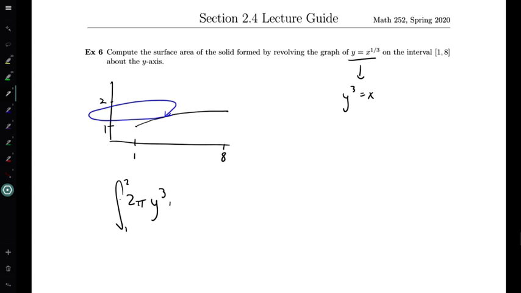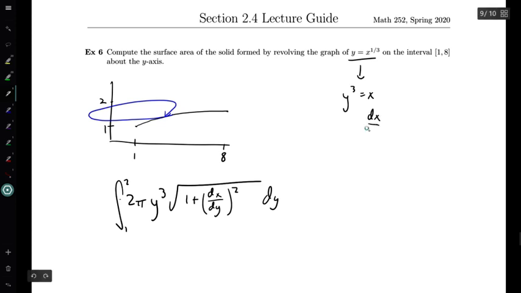And then what I want to do is take the square root of 1 plus, in this case, dx dy squared, because that is my length differential, dy. All right, cool. Well, again, with our formula for x in terms of y, we can compute dx dy fairly easily.